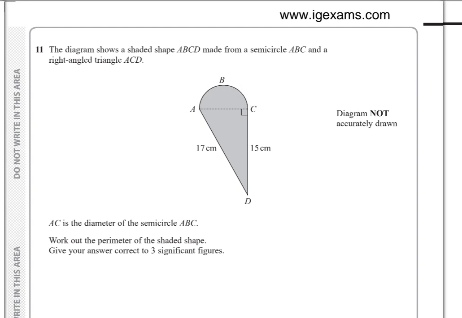So now, to find the diameter AC, we have a right angle triangle, we have the hypotenuse and this side, then we can find AC using Pythagoras theorem. AC equals square root of 17 squared minus 15 squared equals 8 centimeters. Now this is the diameter, so the radius of the semicircle is 4 centimeters.